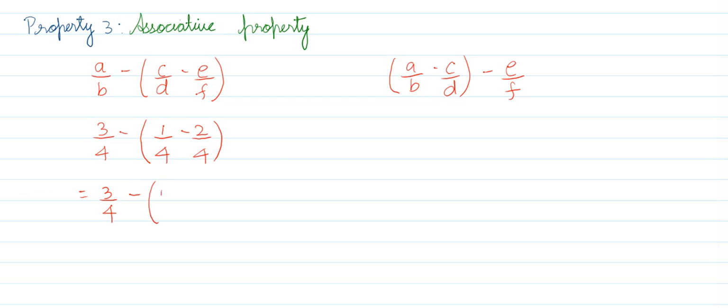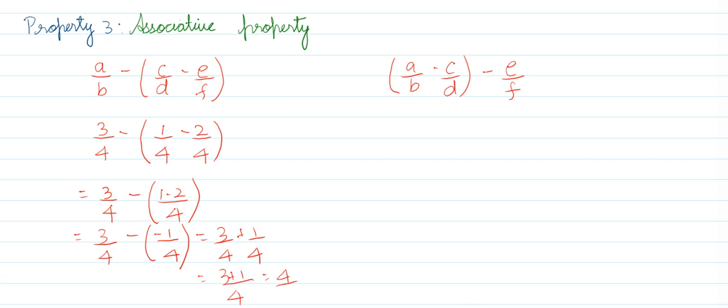So this is nothing but 1 minus 2 by 4. So again 3 by 4 minus of minus 1 by 4. Minus into minus is plus. So you get 3 by 4 plus 1 by 4. So this is nothing but 3 plus 1 by 4, which is 4 by 4.